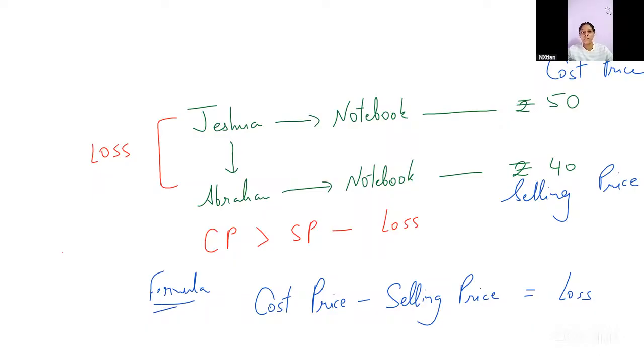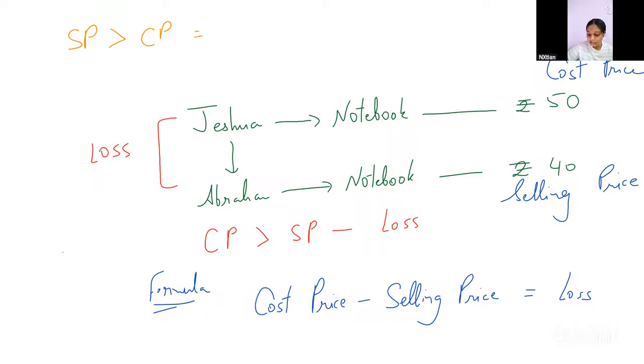Your cost price will always be bigger: the price with which you bought the item will be more than the price at which you're selling the item. That will give you a loss. Whereas in the case of profit, the selling price is greater than the cost price.